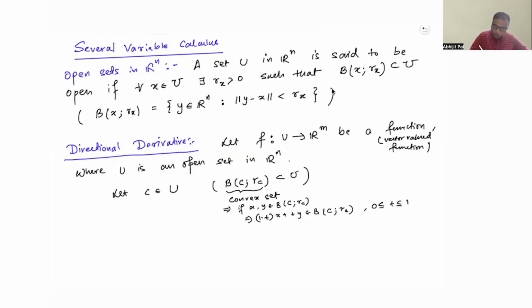Now, what is the meaning of the directional derivative of f at the point C in some direction? Let u be some vector in Rn.